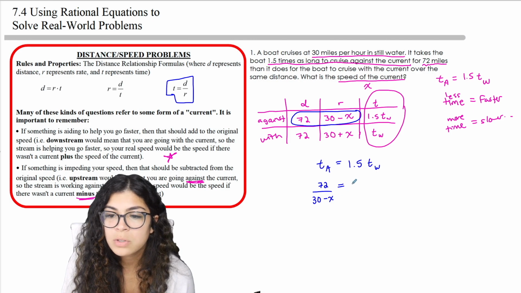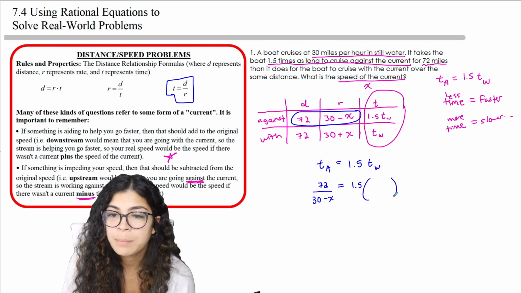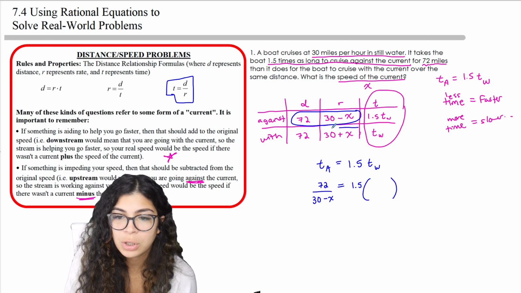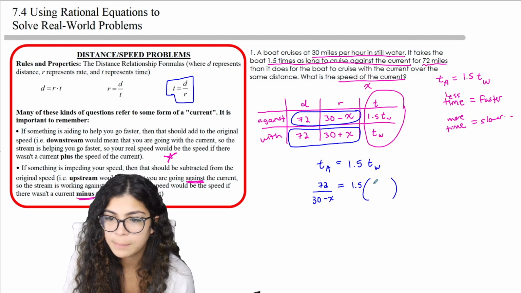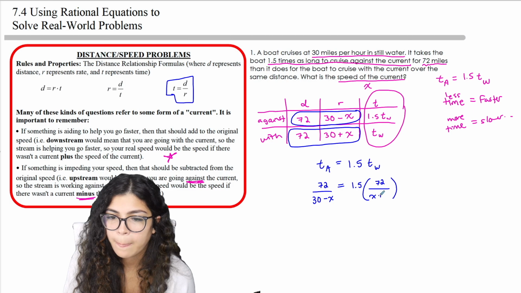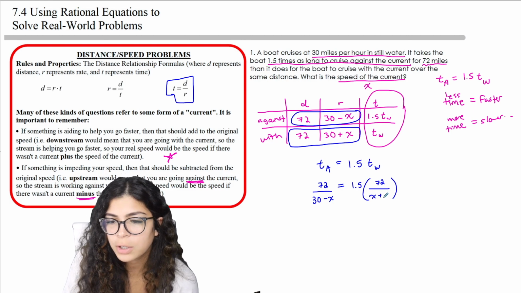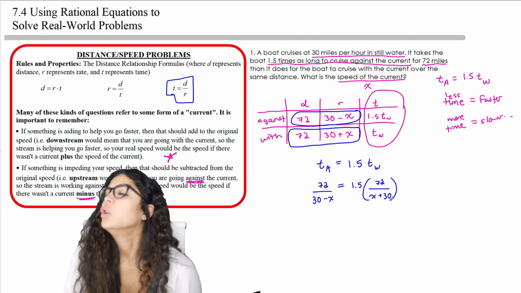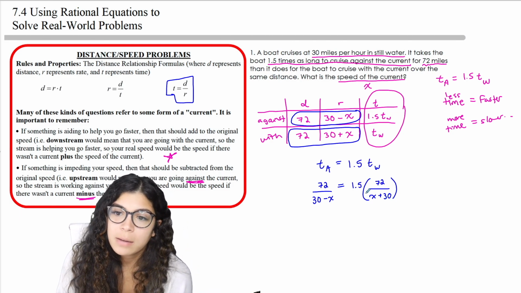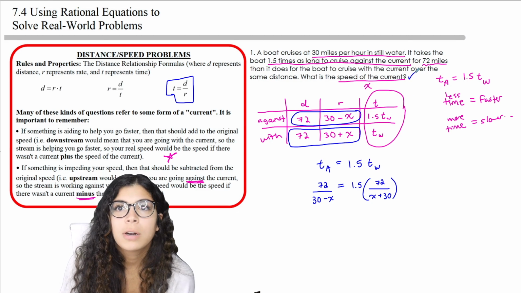And then that equals 1.5 times the time with, which would be the ratio of the distance and the rate to go with the current. 30 plus x plus 30 is the same thing. So now we just have to solve this for x. Once we solve for x, we would get the speed of the current and then we're done.